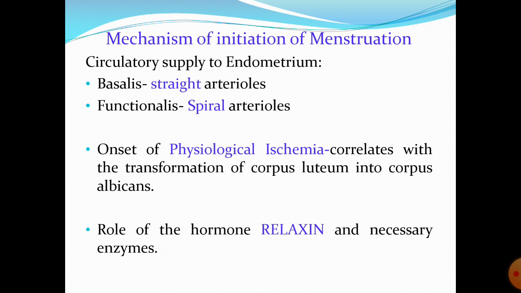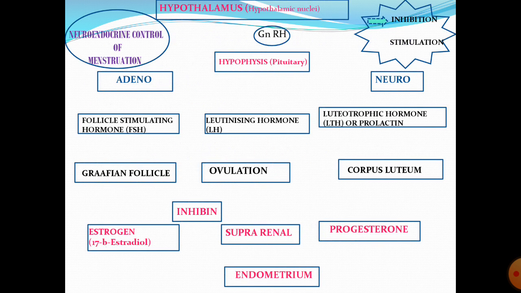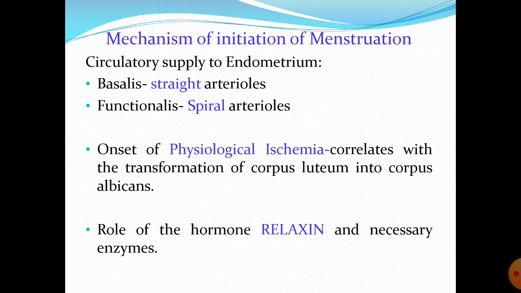As a result, the blood along with the endometrium is sloughed off to the exterior via the vaginal orifice. By this time, the repair phase would have already begun in the uterus.